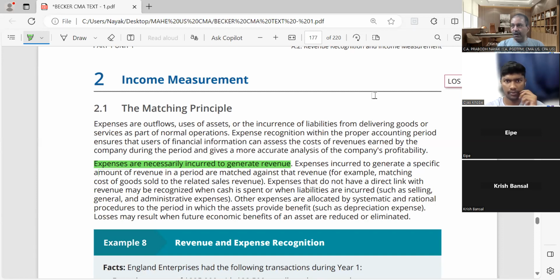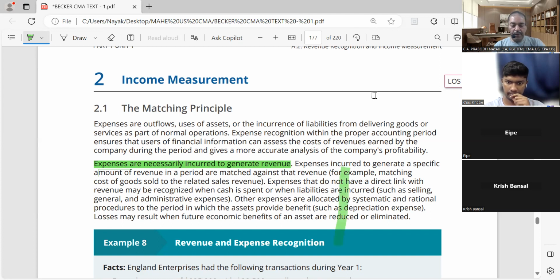Service department expenditure is allocated to the production departments and so on. Likewise, there will be certain expenses which are allocated over a period of time because they are not resulting in revenue in the current year. So it is deferred and incurred over a period of time. So you defer the expenses and you show it maybe over a period of 2 years or 3 years.